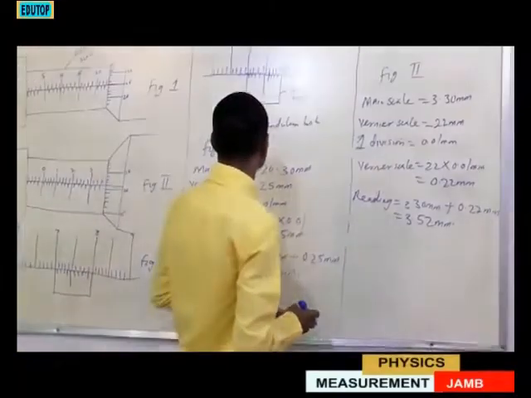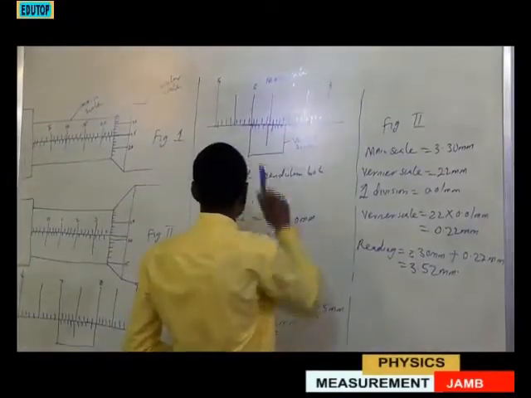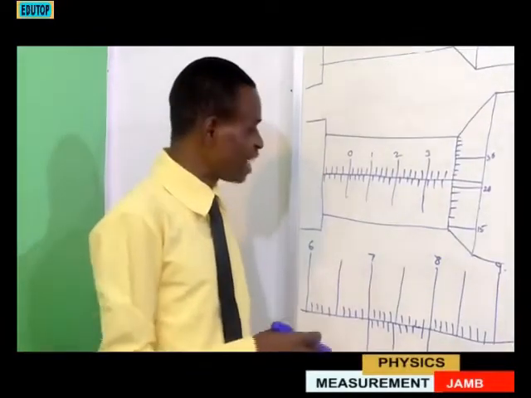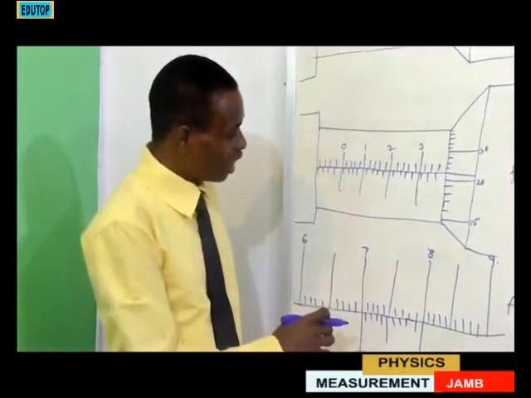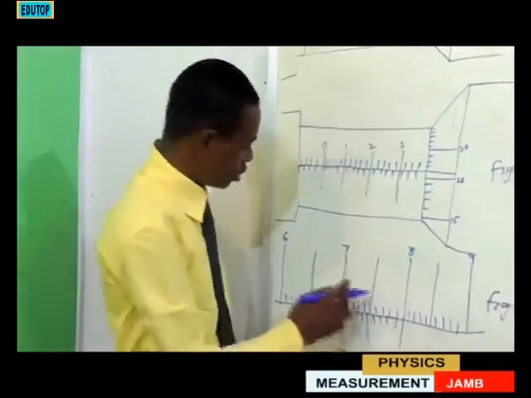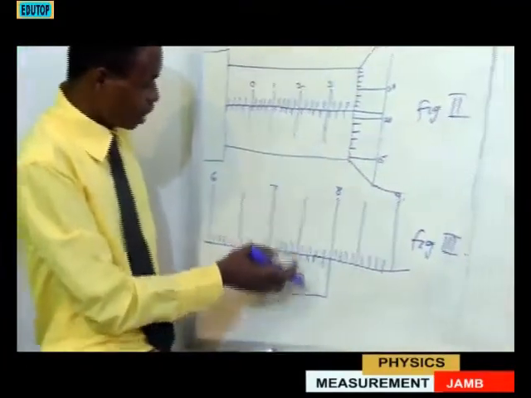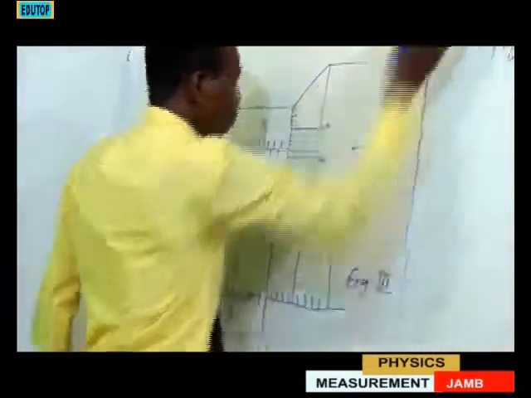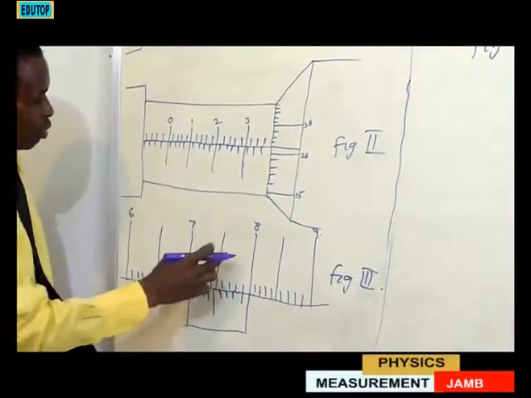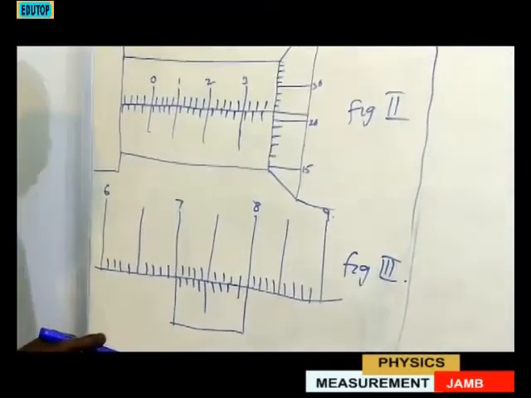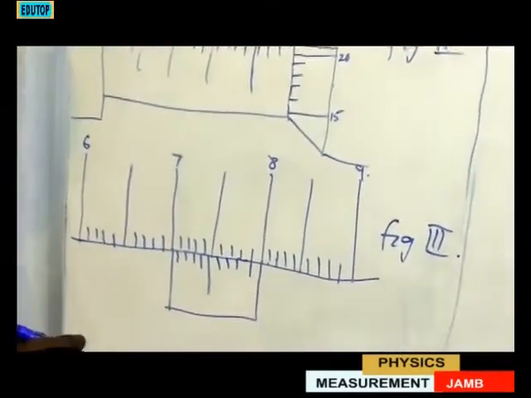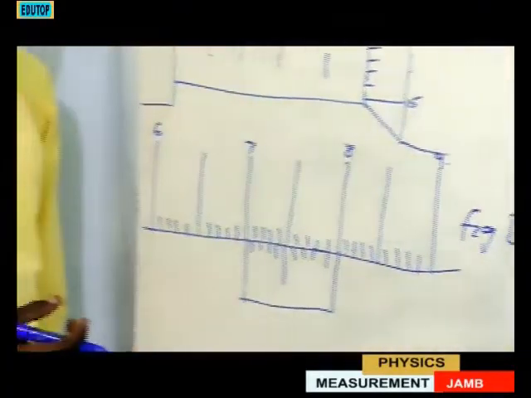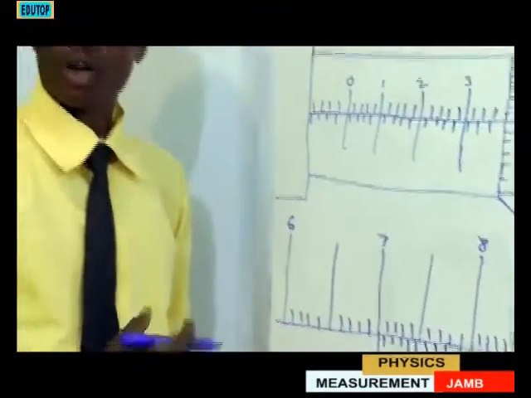Let's quickly move to the vernier caliper. On the vernier caliper, let's consider figure 3. You can see the figure here now. This is the vernier caliper. We have two of them to consider. I have told you that the vernier caliper is also an instrument that we use to measure the diameter of a rod.